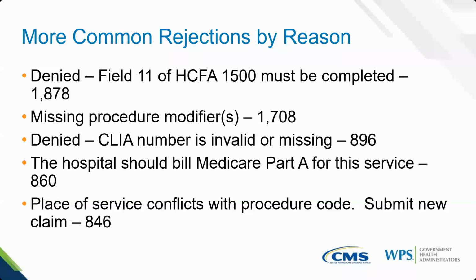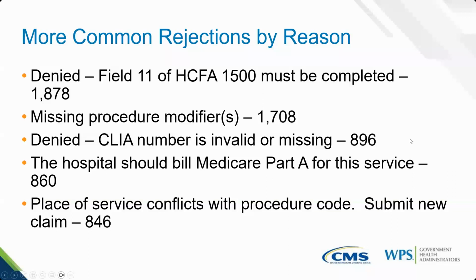Missing procedure modifier, over 1,700. I talked about modifiers already and what you need to fix or avoid them. The next one is a situation where a CLIA number is invalid or missing. For certain clinical labs, based on a law, the Clinical Laboratory Improvement Amendments, there needs to be certification for those labs being rendered in the provider's office.